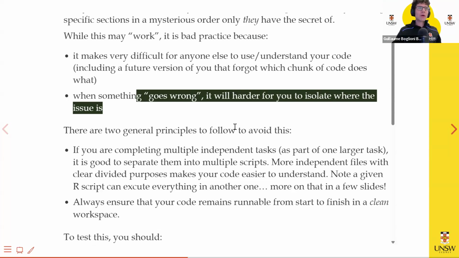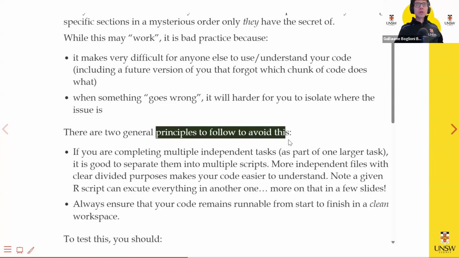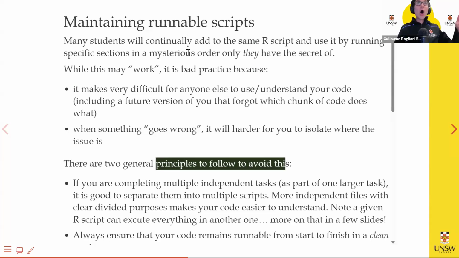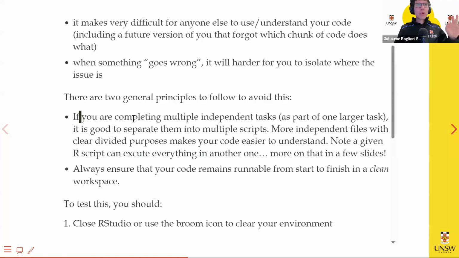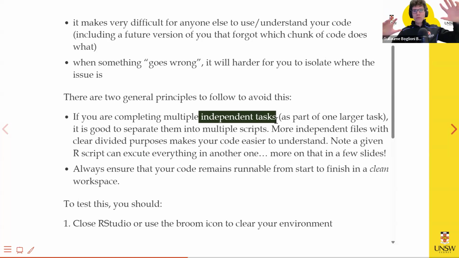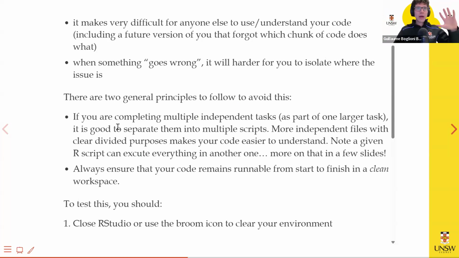Hopefully I'm not rambling too much here, but here are two general principles to follow to avoid having unrunnable scripts. If you are completing multiple independent tasks, maybe as part of a larger project, it's good practice to have the independent tasks in different R scripts.